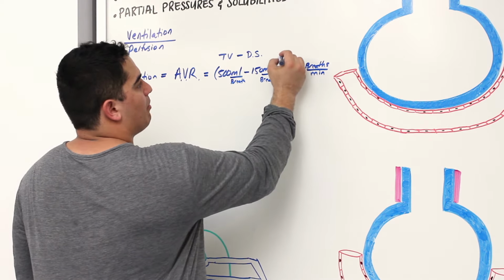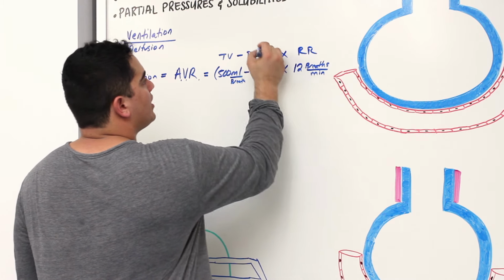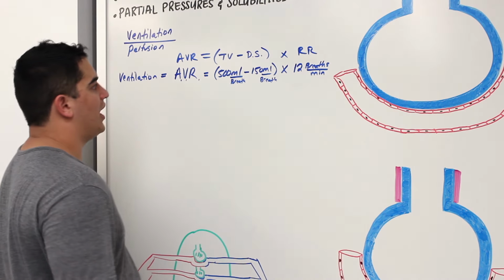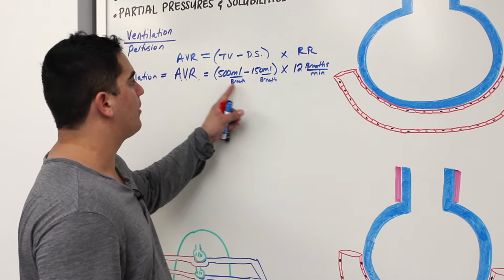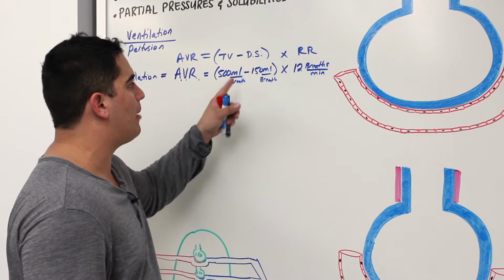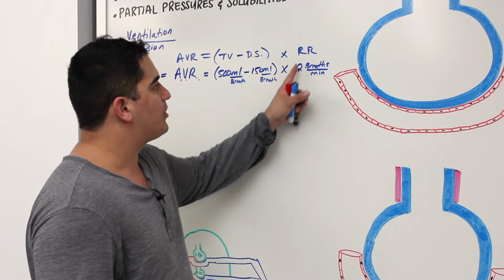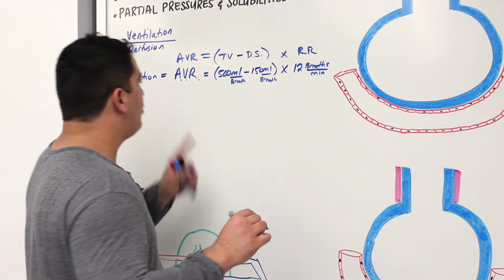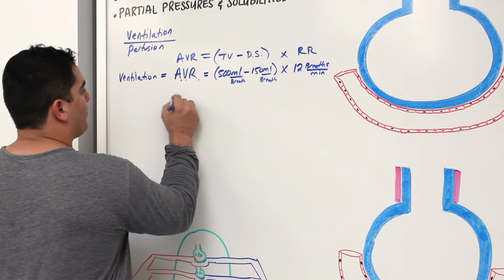And again, this is my respiration rate. So this is the formula we're utilizing to solve for alveolar ventilation rate: tidal volume, 500 milliliters per breath, minus 150 milliliters per breath, which is our alveolar and anatomical dead space, times the respiration rate, which we're just going to take an average of about 12. If we do that, we get about this.